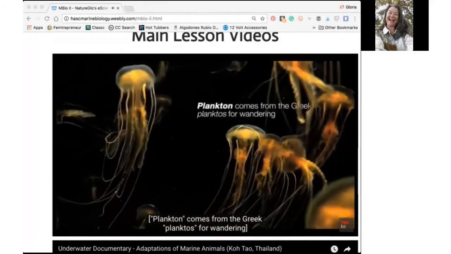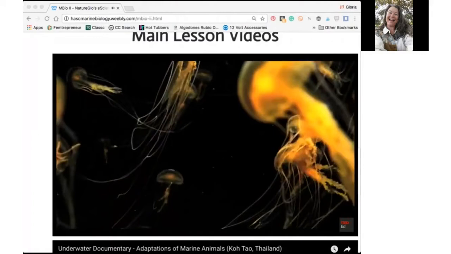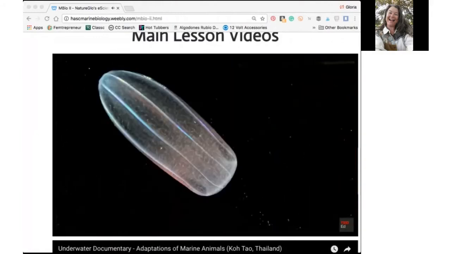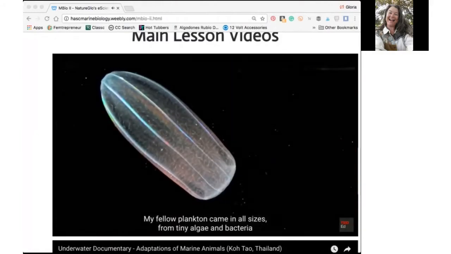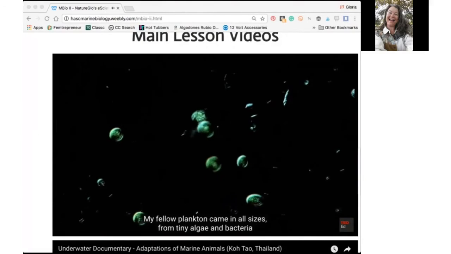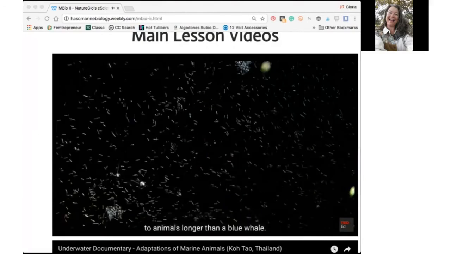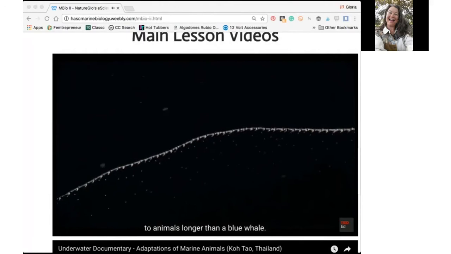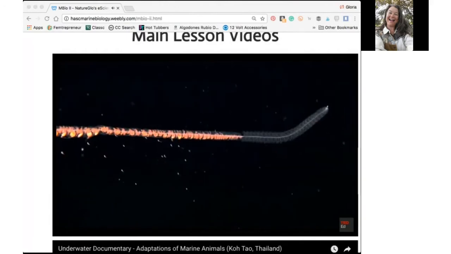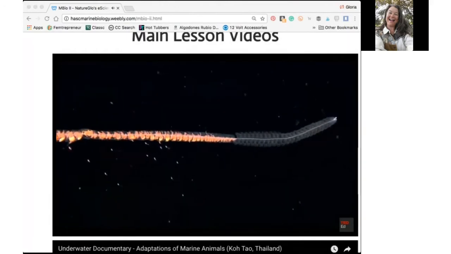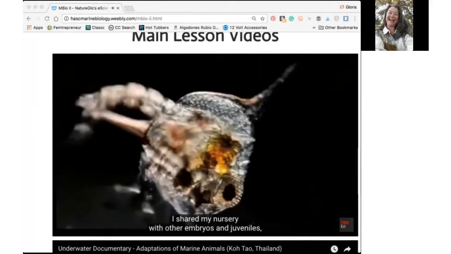My fellow plankton came in all sizes, from tiny algae and bacteria to animals longer than a blue whale. I shared my nursery with other embryos and juveniles, from clams and crabs to sea urchins and anemones.